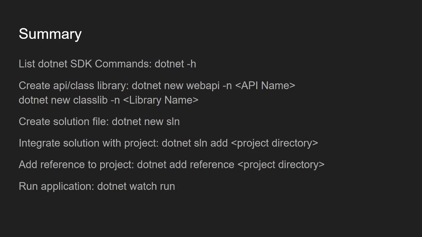Integrate the solution with a project using dotnet sln add in the project directory. Add a reference to a project using dotnet add reference and the project directory. And lastly, to run the application, use dotnet watch run, so that the watch command will enable you to watch for changes in your code and then republish it.